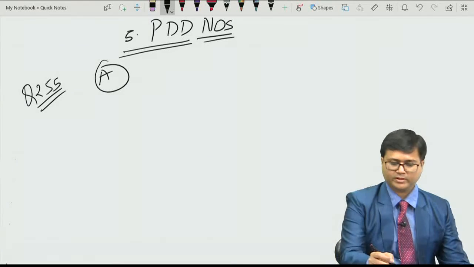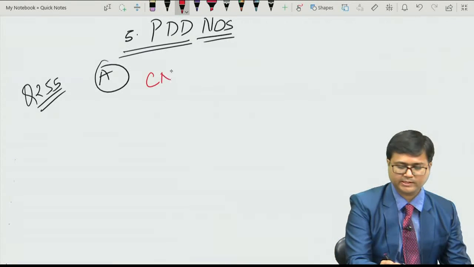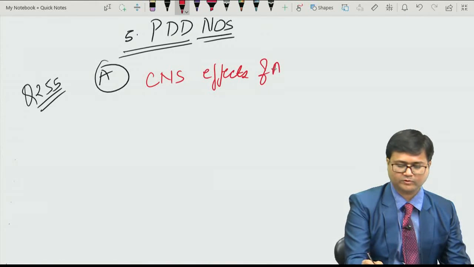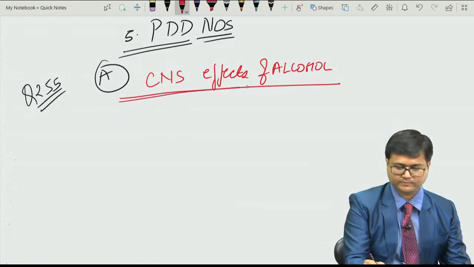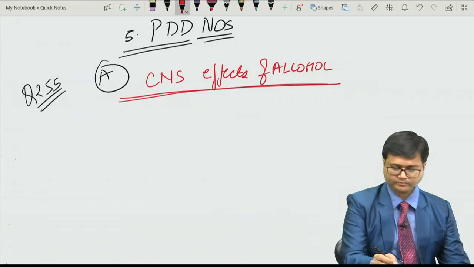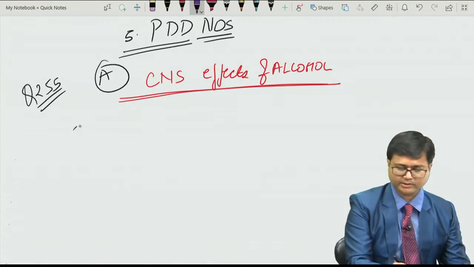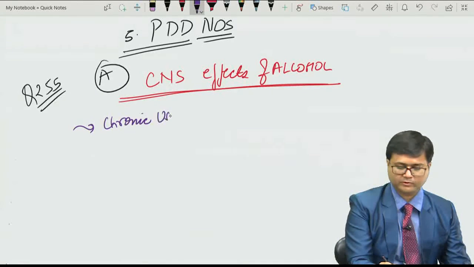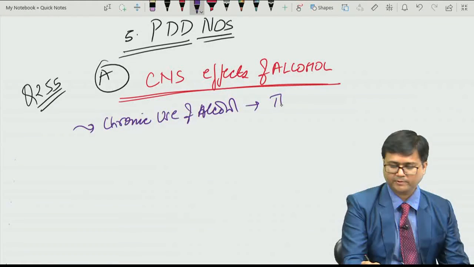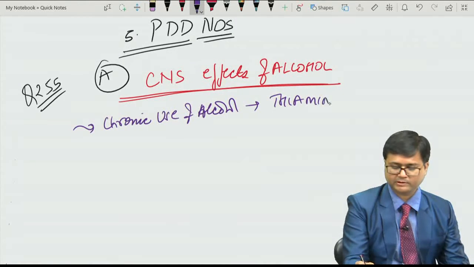Now what are the various CNS effects of alcohol? Patients with chronic use of alcohol may have thiamine, vitamin B1 deficiency.